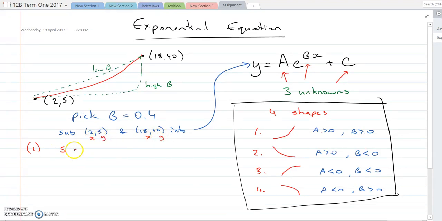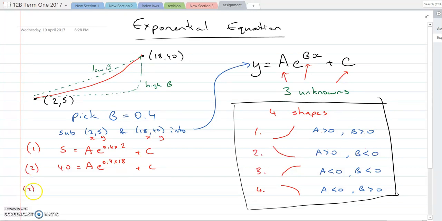So I get 5 equals a, e to the 0.4 times 2, plus c. For the second point, 40 equals a, e to the 0.4 times my 18, plus c.